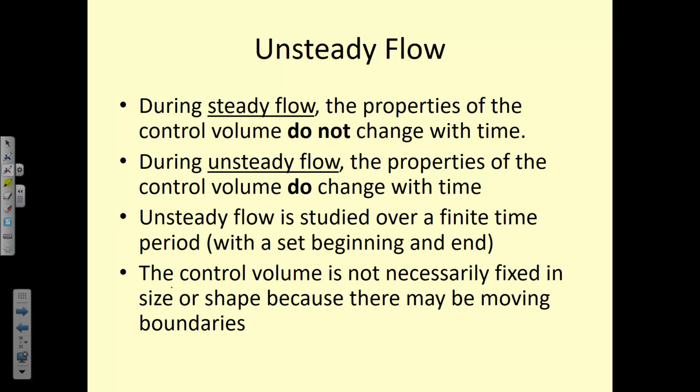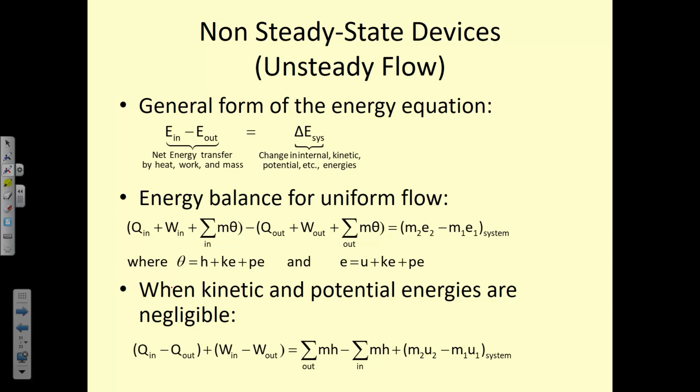So it gets a little more complicated. But we still start with our general form of the energy equation. If we add in some terms, we have a Q in, a work in, and then the mass flow times the flow energy plus kinetic and potential energy. So this is all of our inlet terms.